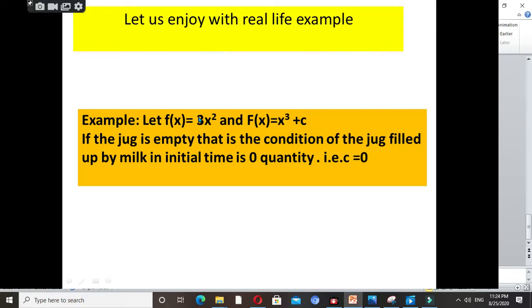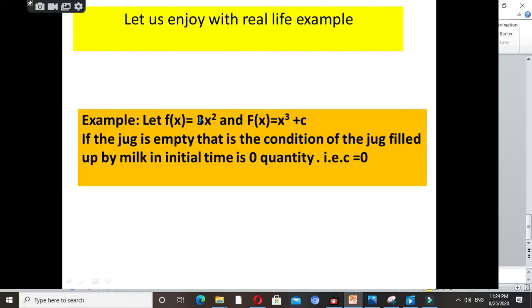If the jug is empty, that is the condition of the jug being filled up by milk, the initial quantity is zero. That means in the initial case of a jug or any empty pot, we consider c equals 0 in real life.